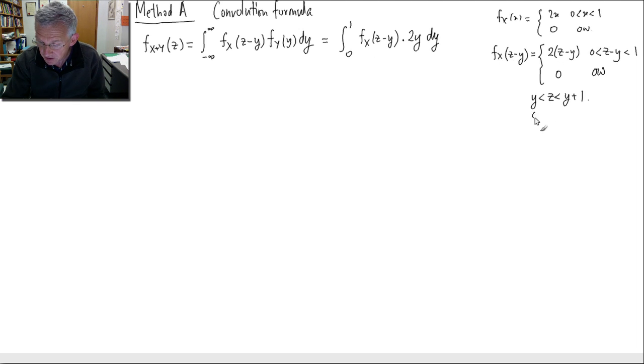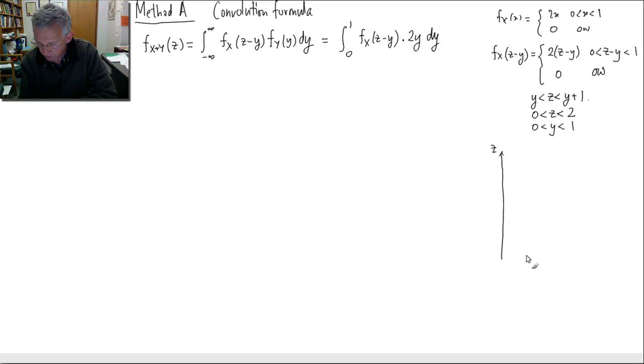Now we noted in the first video that z is the sum of two numbers between 0 and 1, and therefore it has to lie between 0 and 2. And we also know that we're dealing with y values restricted to between 0 and 1, as we've already reflected in the limits. And I find it useful when I'm doing a problem like this simply to draw a picture of what's happening. So I'm going to draw a picture of this. I'm going to have a z-axis up here.